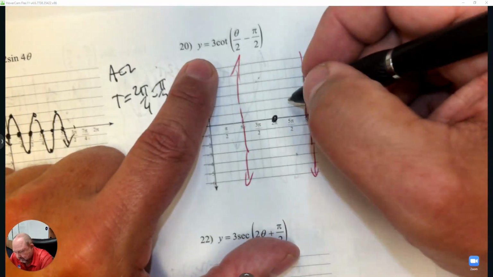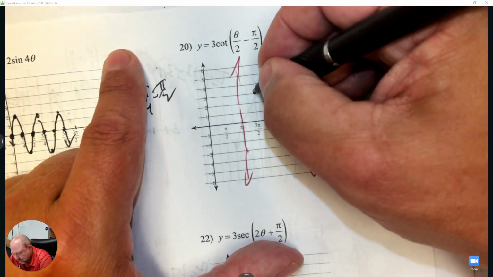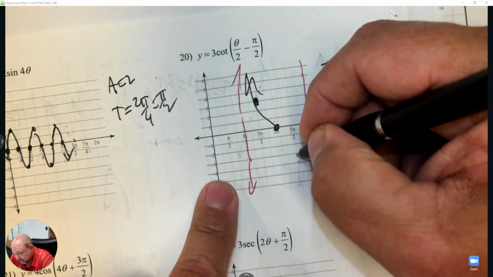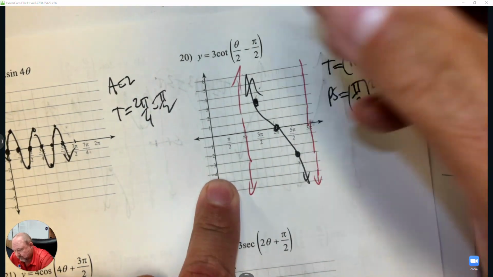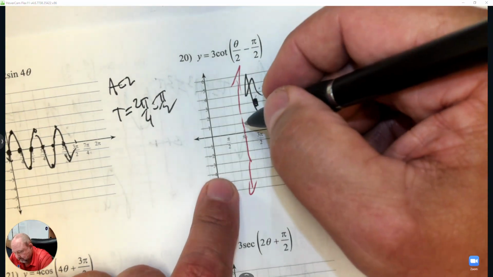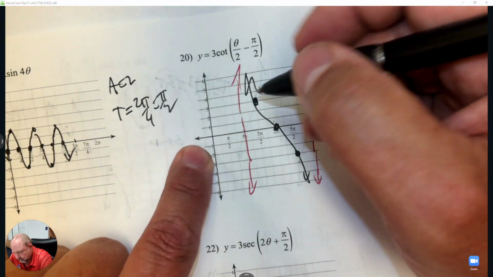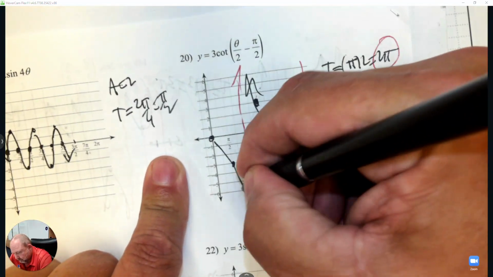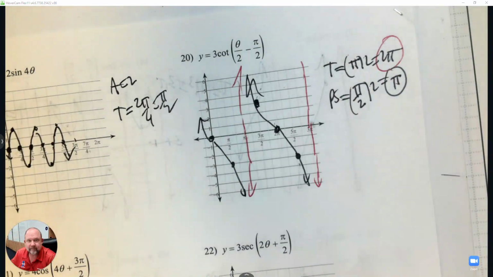And then we go up to 3 on the left, and then down to 3 on the right. Done.